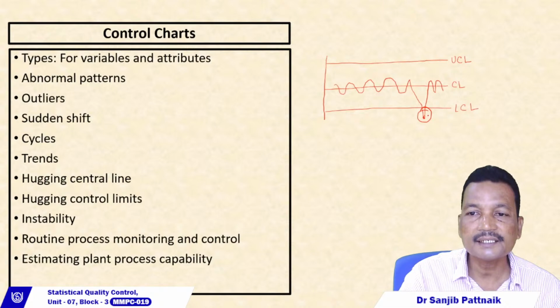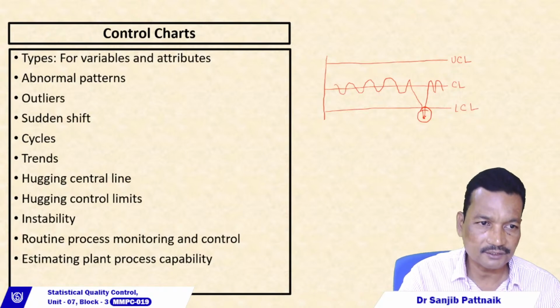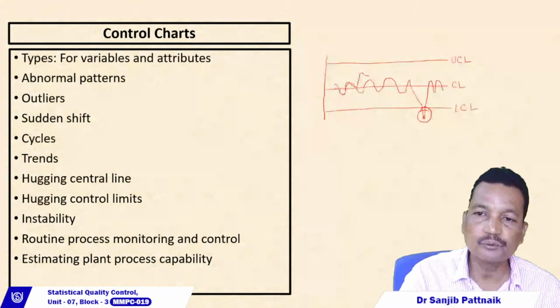Now it is an outlier, means it may be due to faulty data collection, or there may be a sudden shift. Suppose this one is going on, this moves towards upward.